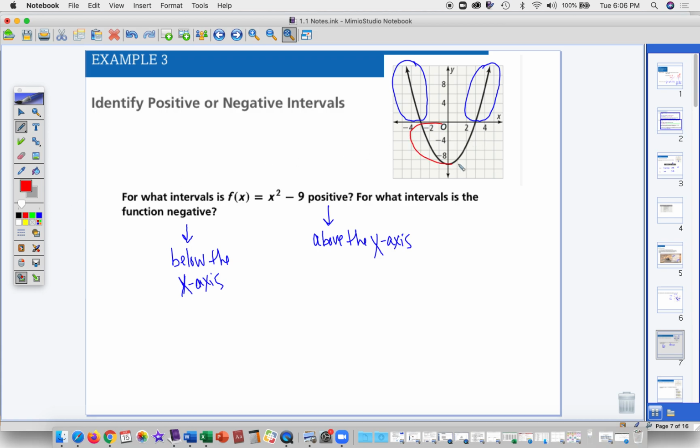Where the graph is above the x-axis is where it's positive, and where it's below the x-axis is where it's negative. Now here again, these intervals are described by x values. We're talking about what happens from left to right with the graph.